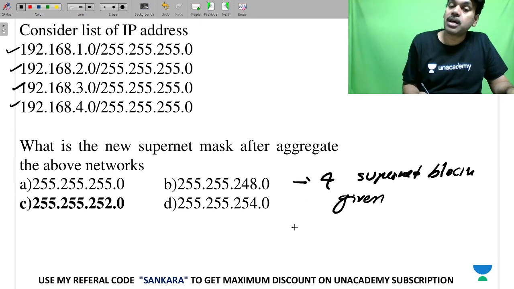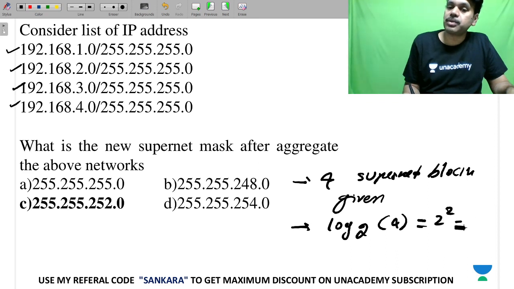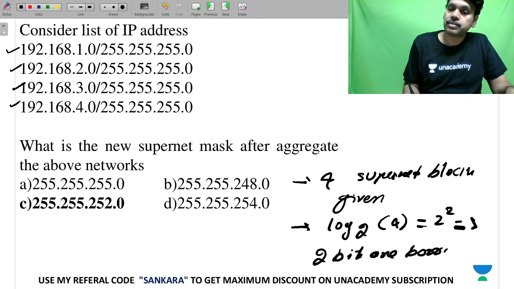So how many bits are borrowed? Can you guess? Log base 2 of 4 is nothing but 2 power 2, which means 2 bits are borrowed from the third octet.